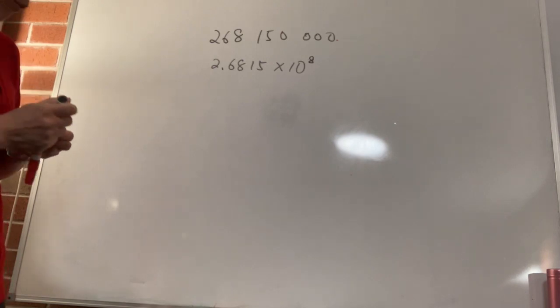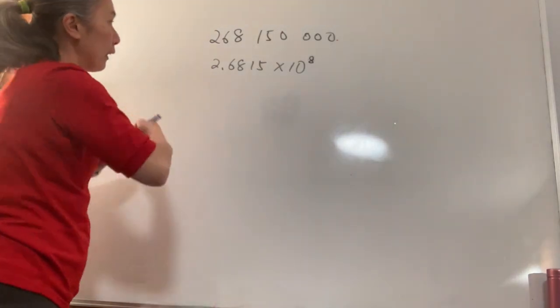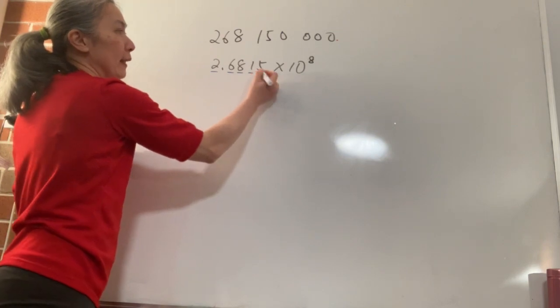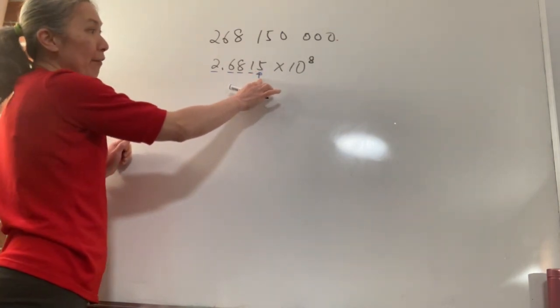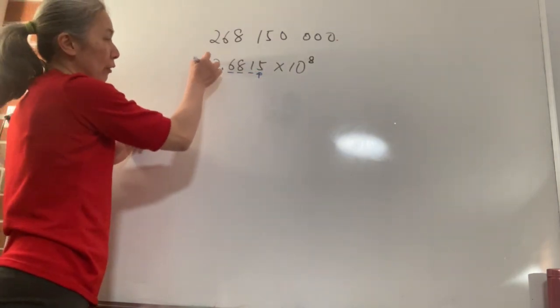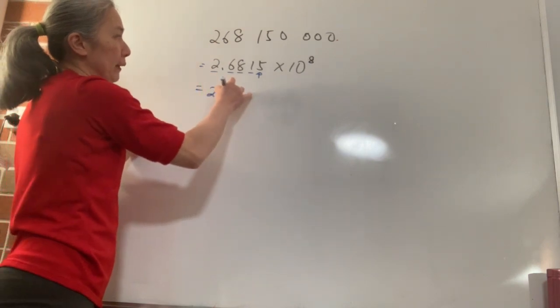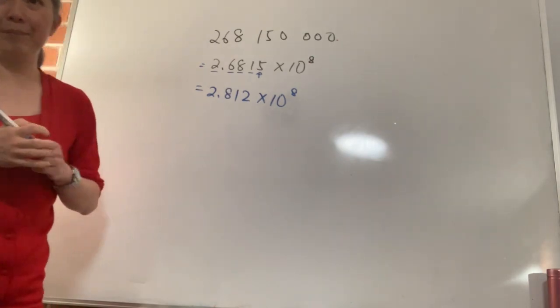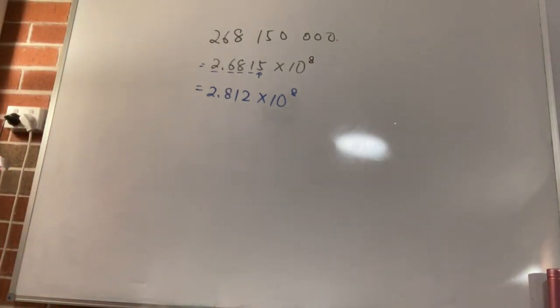And step 2, you need to round it to 4 significant figures. That means 1, 2, 3, 4. Look at the 5th one. Is the 5th one more than 5, or equal to 5? Then you are going to round it up. Is that what you have?